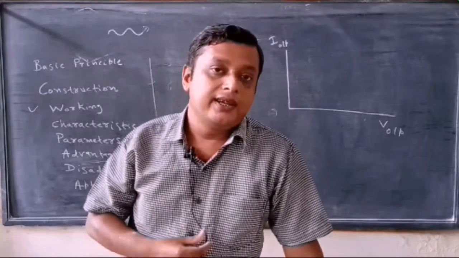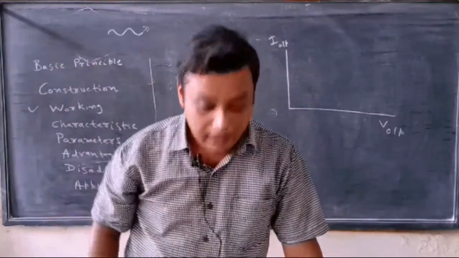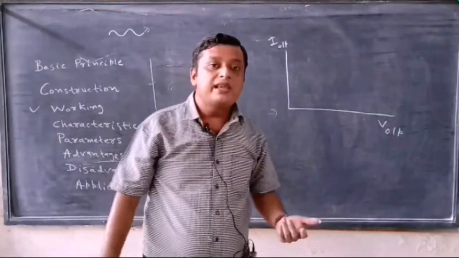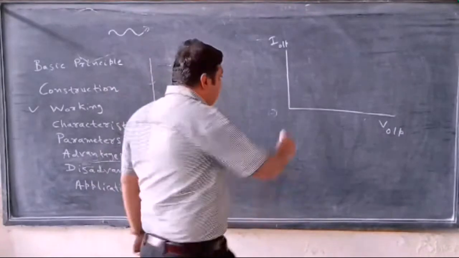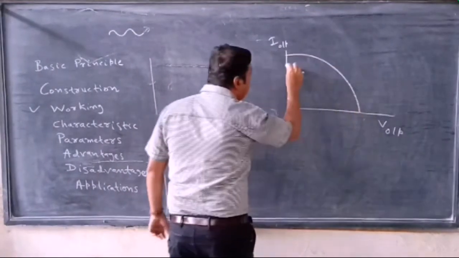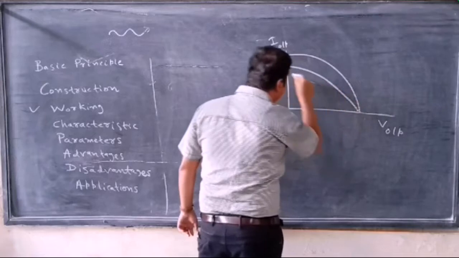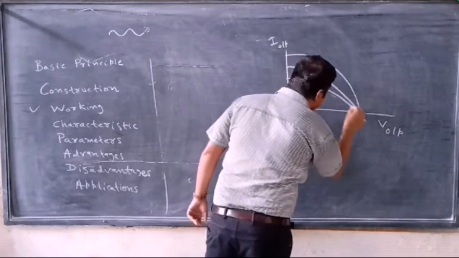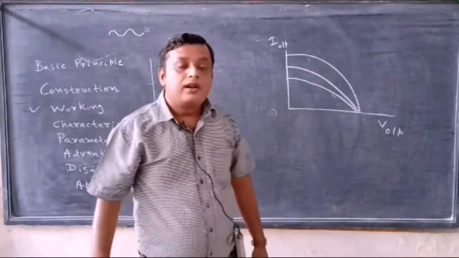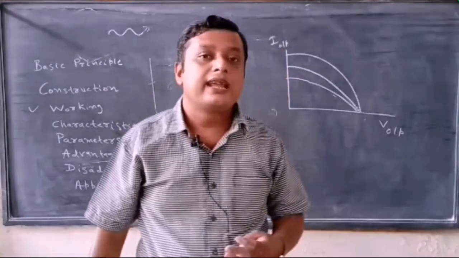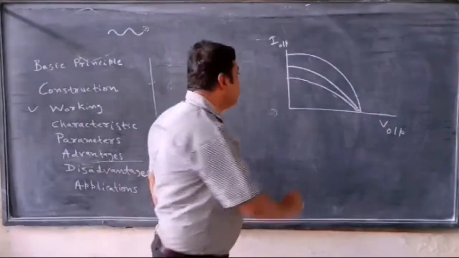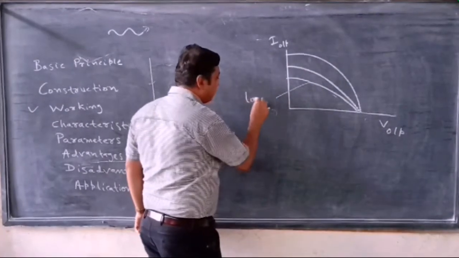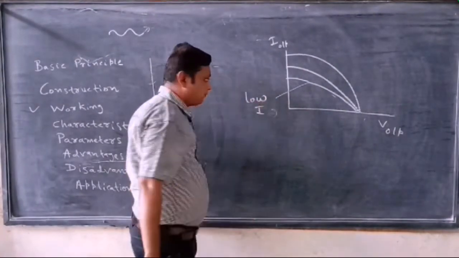Incident intensity of the light to the solar cell. So the nature of the current voltage characteristics will be like this. If I have three different incident intensities, for example, this is a low intensity.